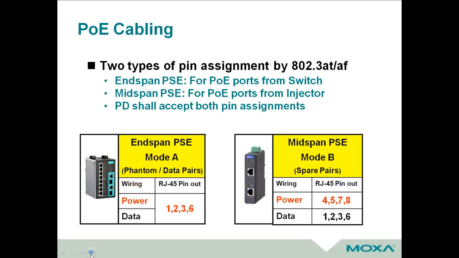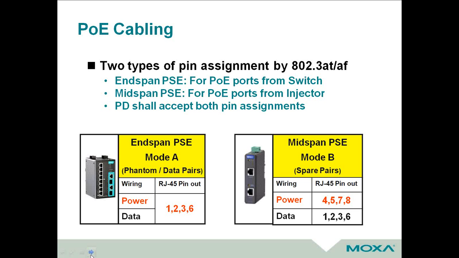Because there was this choice, you'd logically think that if I have a powered device, a device that's taking PoE, I need to know which it's compatible with. Well, it turns out that the standard says that the PDs shall accept both types of power, that it is not to accept only one kind.